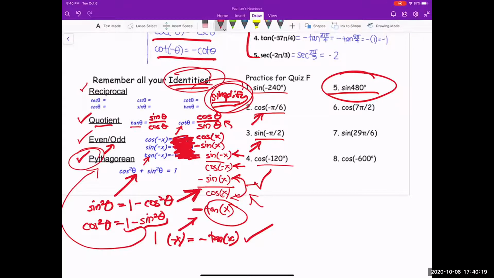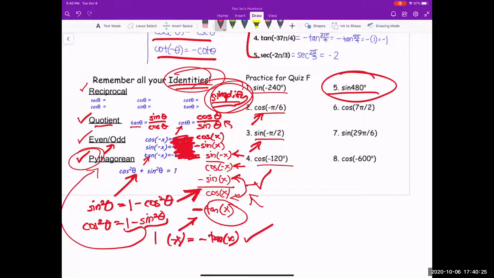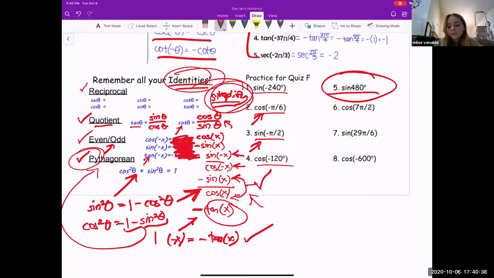Yeah, this is the one. When you evaluate something more than 360, you have to minus 360. That's how you simplify it. You'll never really work with a big number. So tell me what that answer is first though. It would be sine 120, right?